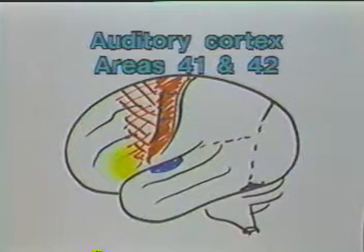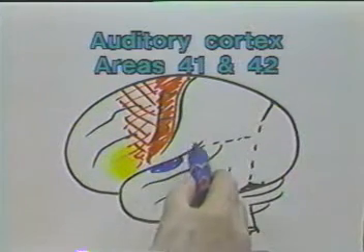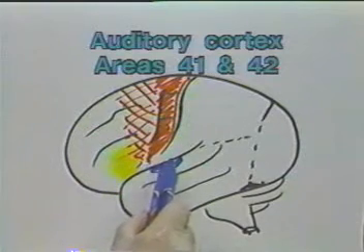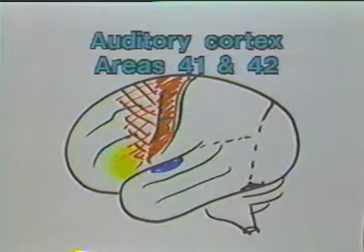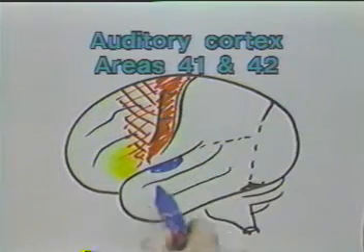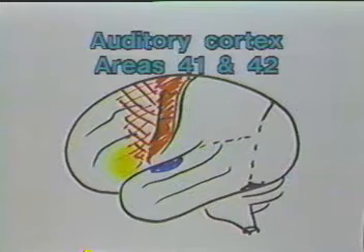But most of it is located on the dorsal surface of the gyrus, and it's therefore hidden in the lateral fissure. The primary auditory cortex corresponds to Brodmann's areas 41 and 42, and the area surrounding the primary auditory cortex is also related to auditory functions.